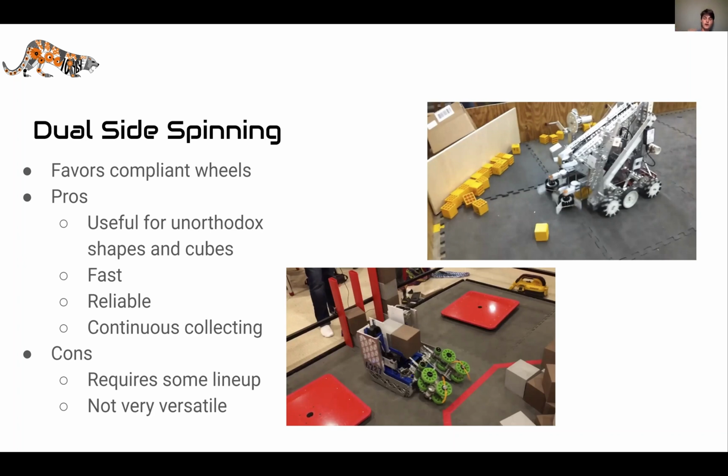You can start it running and there's not a lot of lineup. You just go over to whatever you need, and it will suck it up into your robot. There's a little bit of lineup, but not a whole bunch. We have used these frequently in the past for fast games and have gotten a lot of success out of them.